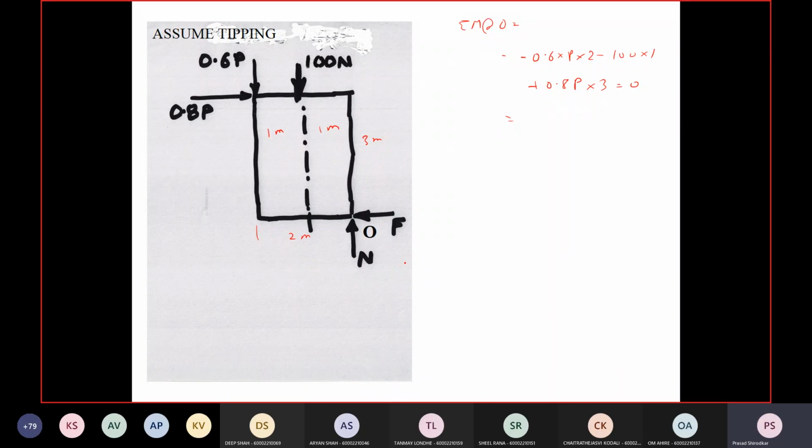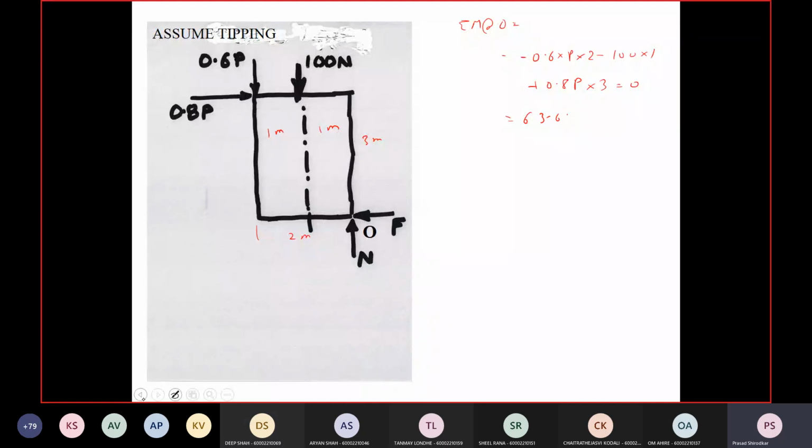Yes, how much is summation M about O? 83.33. Not for P. I want the value of M. P we have already calculated.